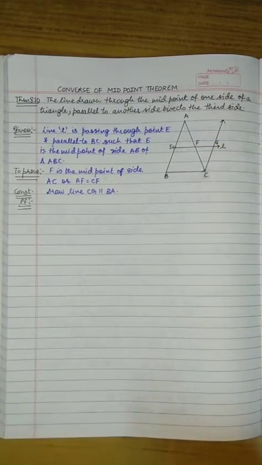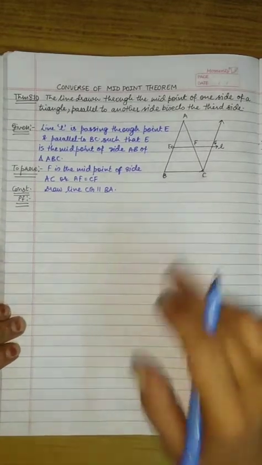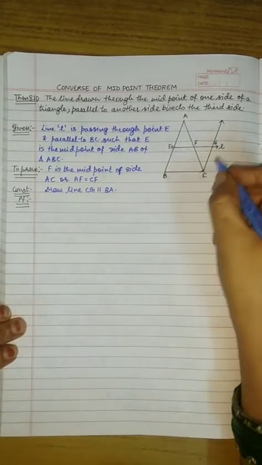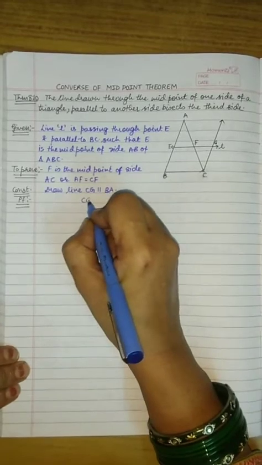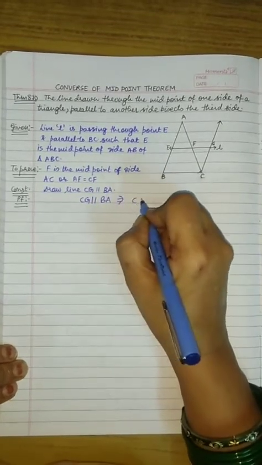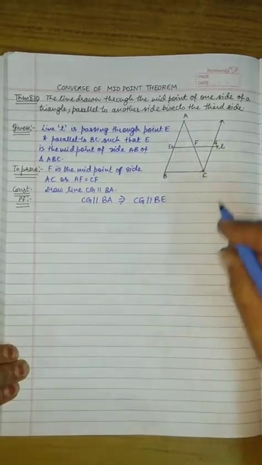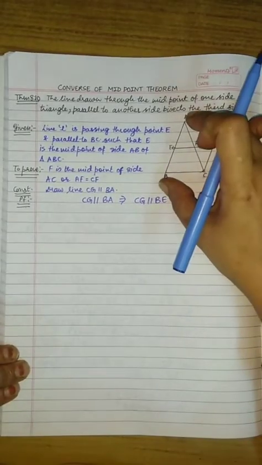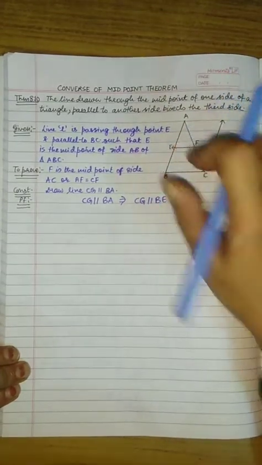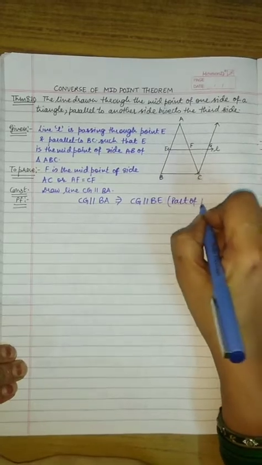Now in the proof we will write that first of all we are given that CG is parallel to BA. It implies CG is parallel to BE also, part of parallel lines.